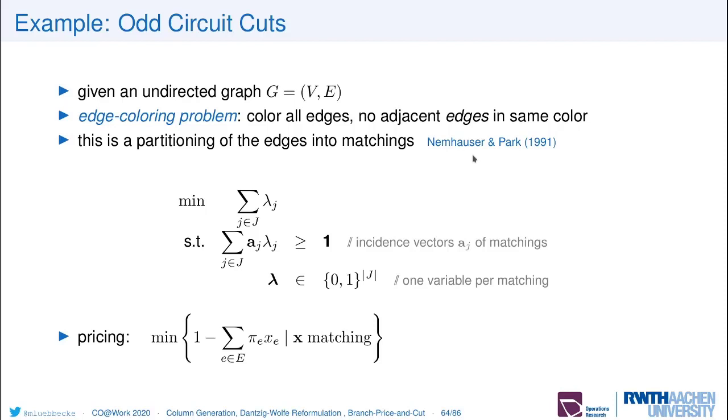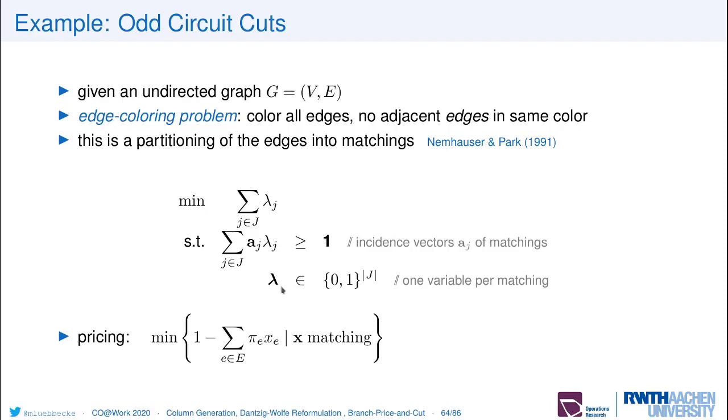This is what Nemhauser and Park did some 30 years ago, and they saw that in the solution, each color class is a matching in that graph. So a set of edges, no two of which coincide in one vertex. So this is a matching. Then you can take the set of all the matchings in a graph and have a binary variable for each of them.